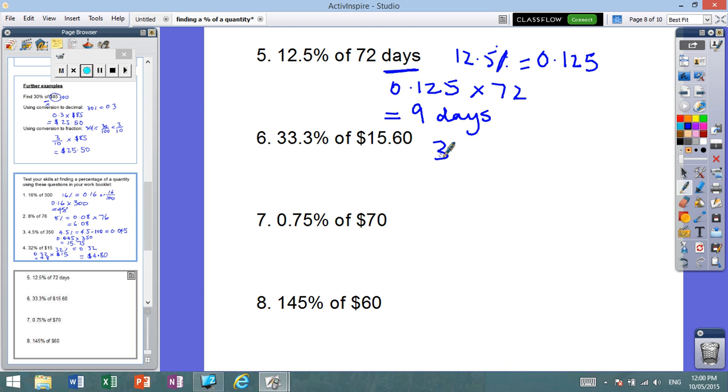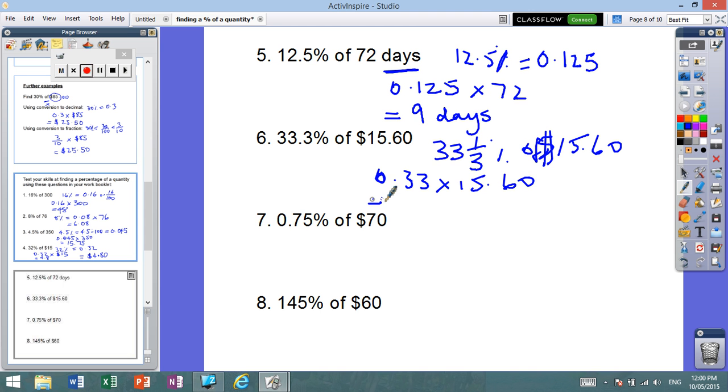So we've got 33 and a third percent of 1560, which is our dollars. So we're looking at money. As a decimal, I change it to just 0.33 times 15.6 equals 5.148.